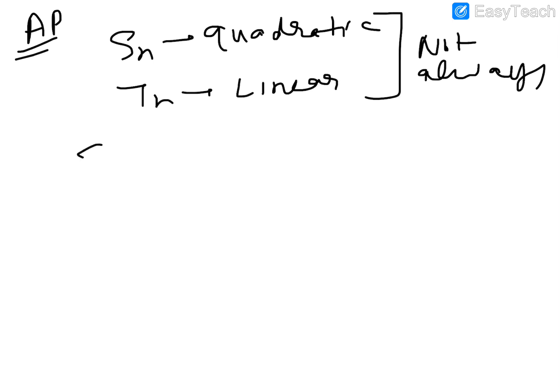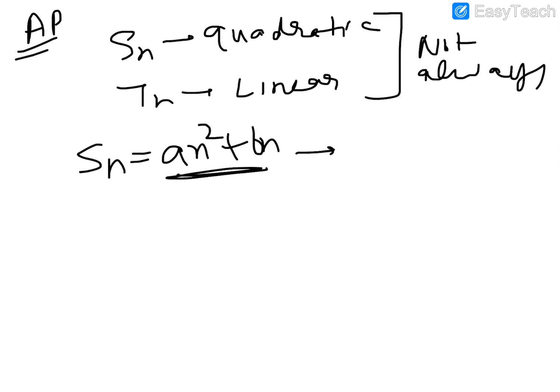But what I can say, if it's something quadratic like an square plus bn type, then it can represent a summation of AP. Got it? Now we understand the formula for summation of n terms of an AP and one property based on that. Now solve a few questions.